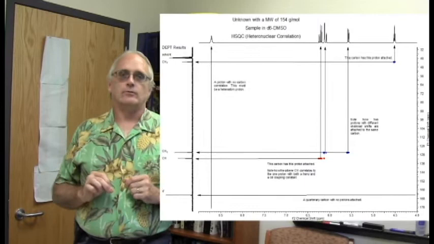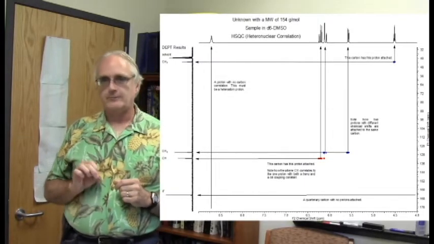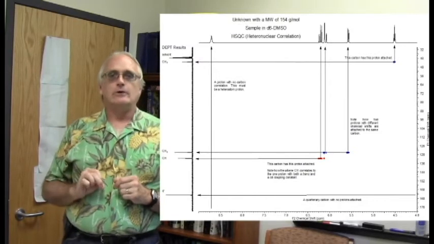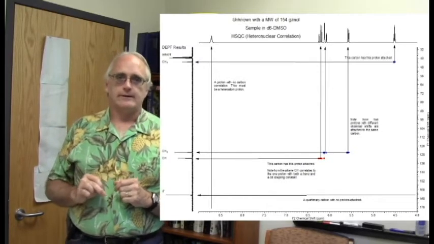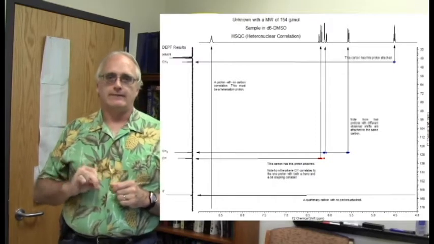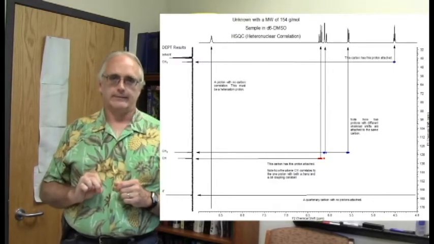But the other interesting one is the proton at 8.7 ppm. It has no correlating carbon. In other words, this is a proton on a heteroatom.